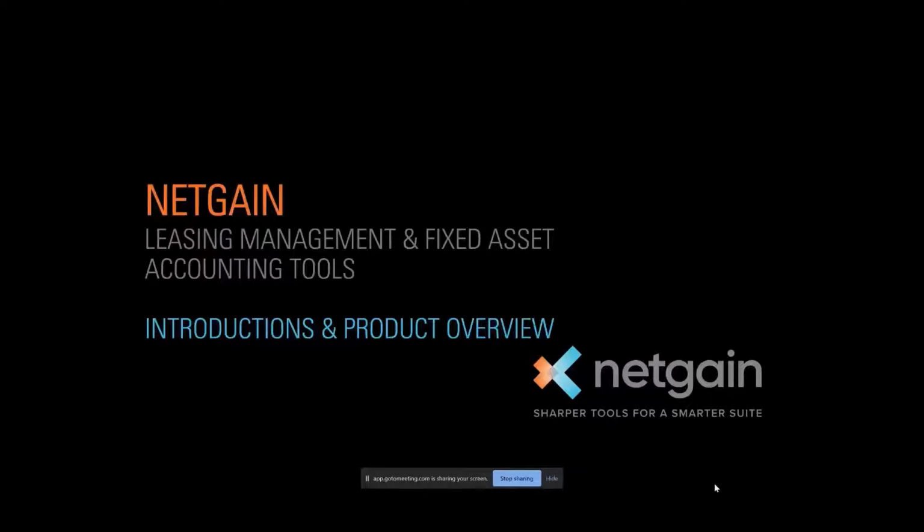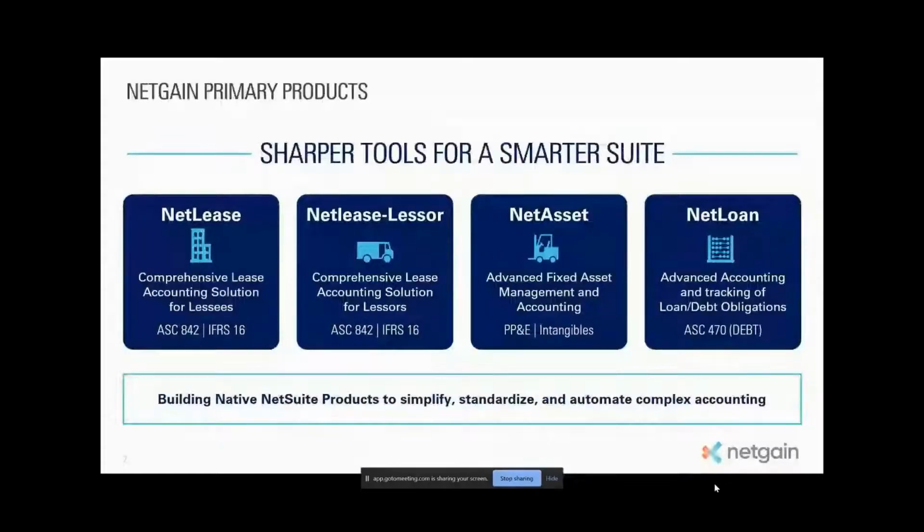And so as I go in, I wanted to highlight a couple of the different tools that we have. So we've got a lease accounting tool, which is the one I wanted to highlight today, that solves a big change that's happened in lease accounting. And we've got a lessor tool that is used for revenue recognition for companies that lease out assets. And then we've got our asset tool, which is a fixed asset accounting tool.